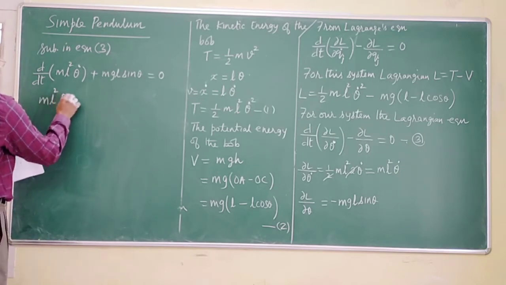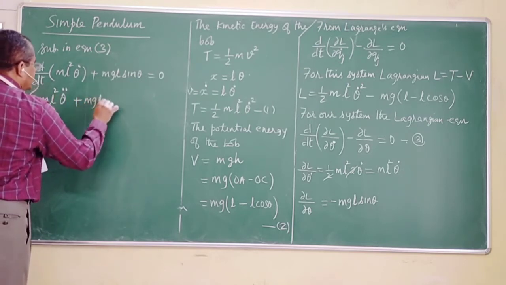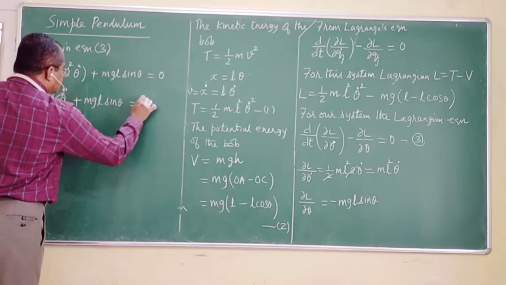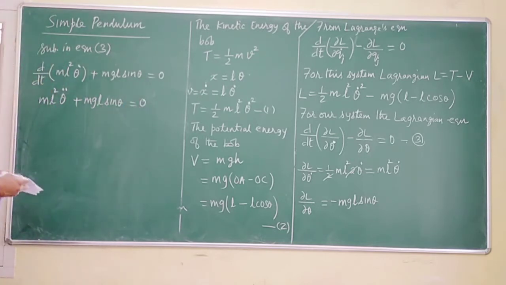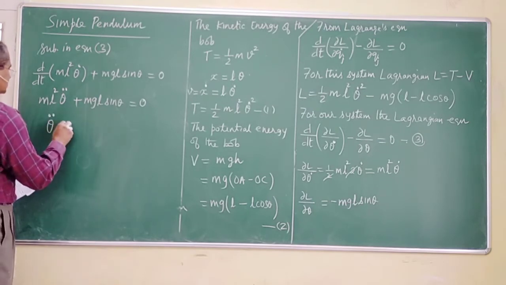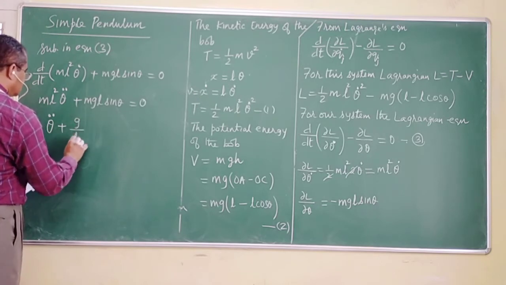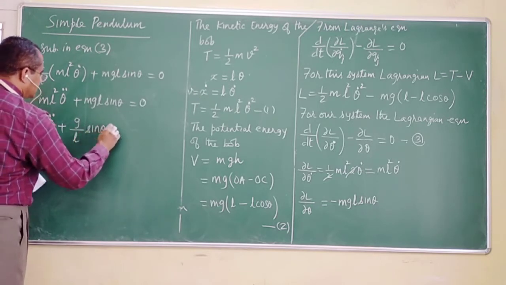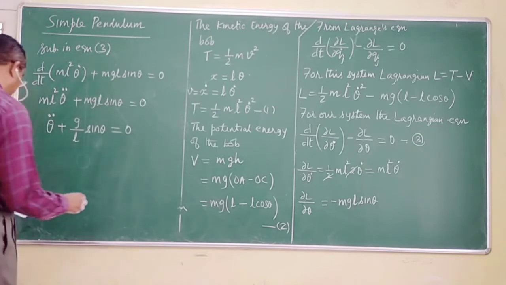If you differentiate with respect to time, m l squared θ double dot plus mgl sin θ is equal to 0. Dividing this expression throughout by m l squared, I get θ double dot plus g by l sin θ is equal to 0.